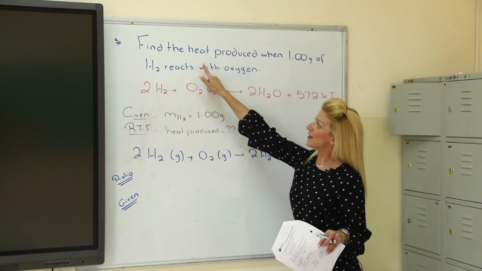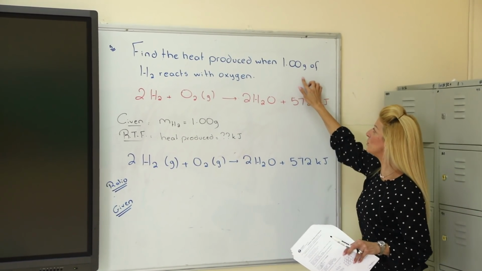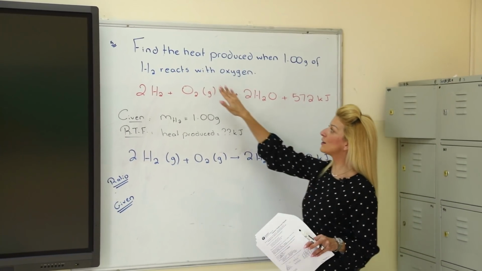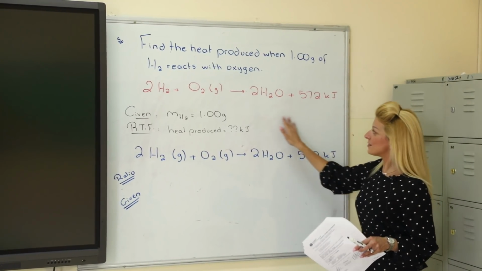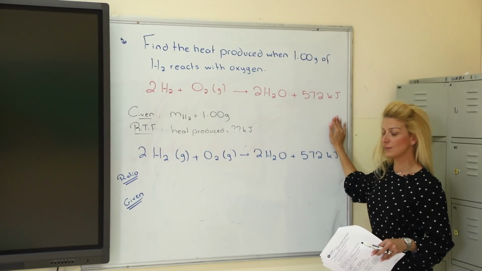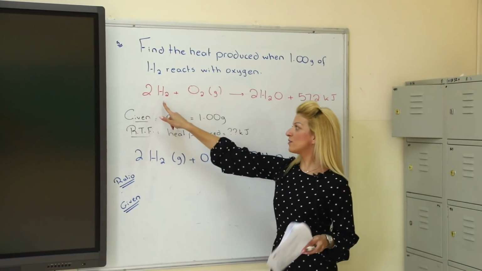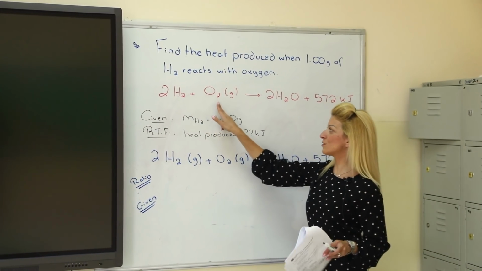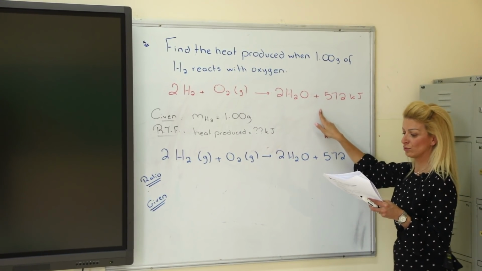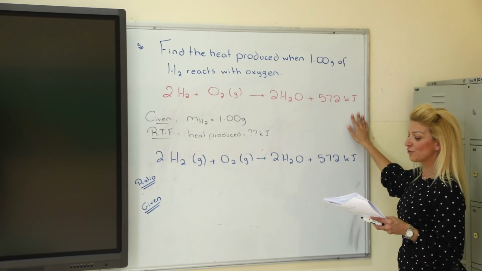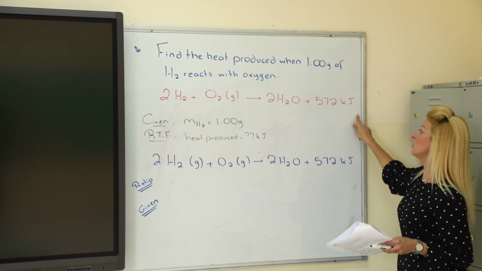Okay, find the heat produced when 1.00 grams of hydrogen reacts with oxygen. The balanced equation with the heat term is given. 2H2 gas plus O2 gas gives 2H2O plus 572 kilojoules.